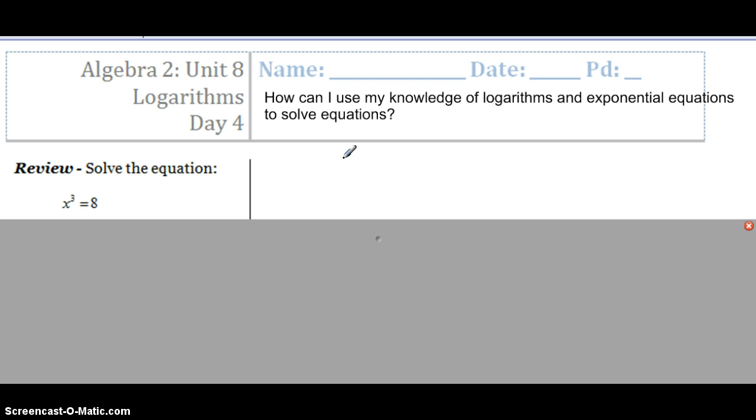So x to the third power, to solve for that, we would take the cube root of both sides, because whatever you do to one side, you have to do to the other. So x to the third, remember the cube root is 1/3, and that allows this power to cancel, because 3 times 1/3 is 1, so that would be x.